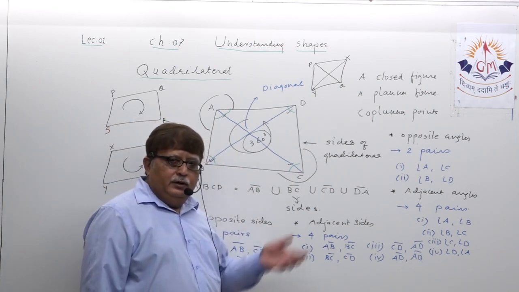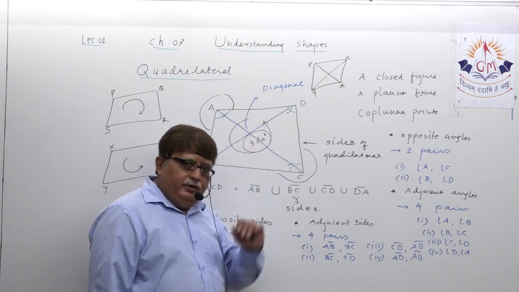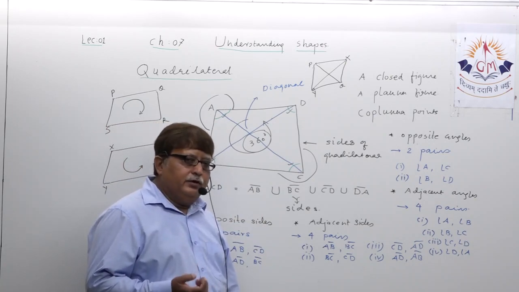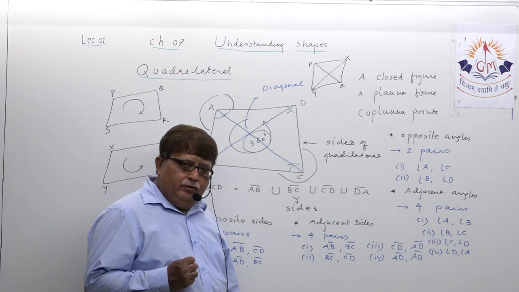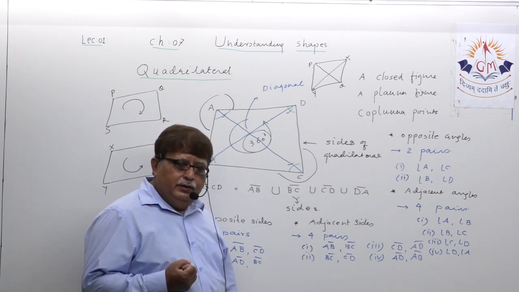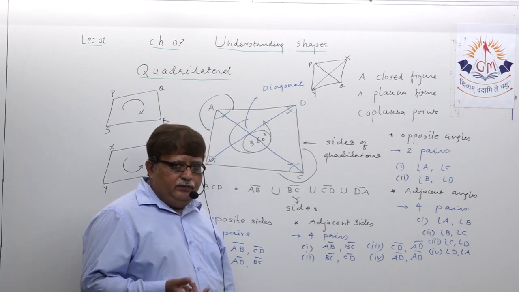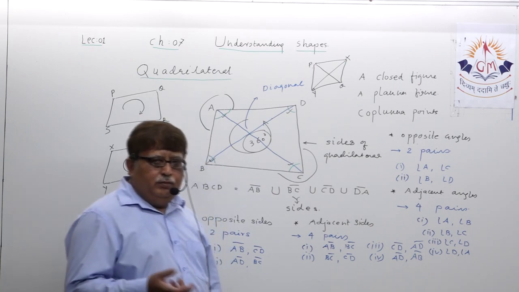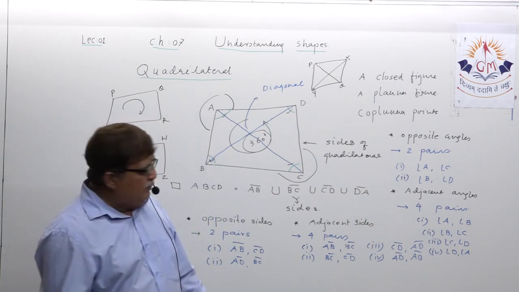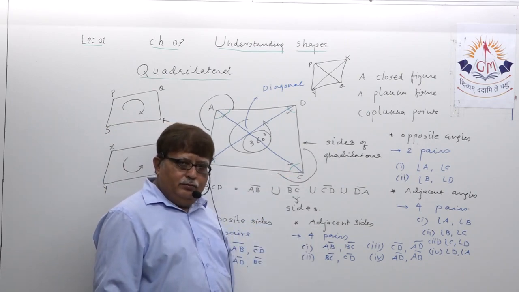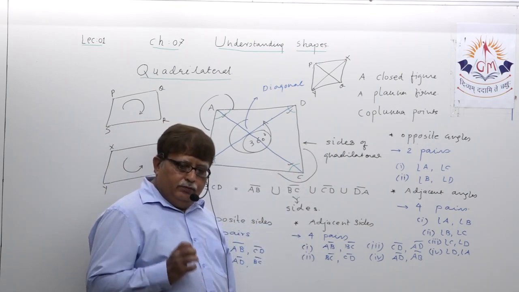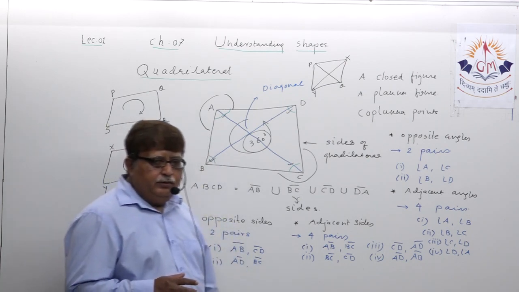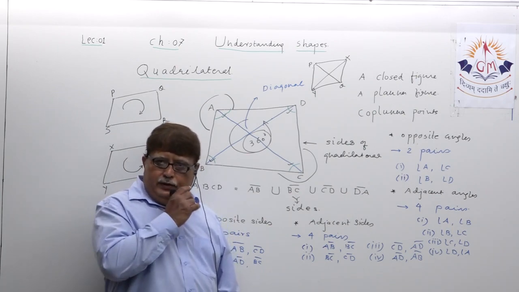What is a diagonal? A line segment joining opposite vertices of a quadrilateral is known as a diagonal. It can be asked in a definition also, maybe in MCQ also: a line segment joining opposite vertices of a quadrilateral is called what? Diagonal. Understand?